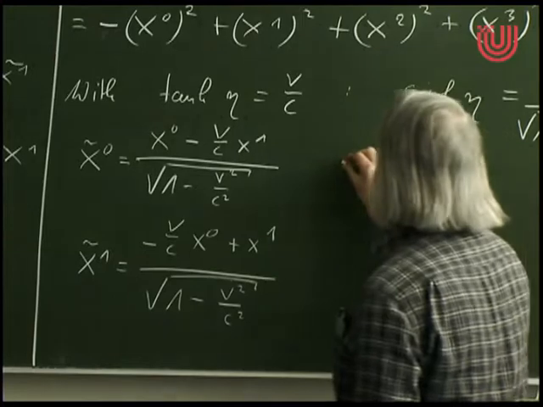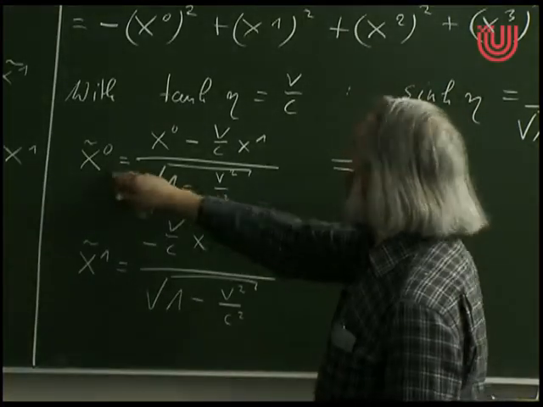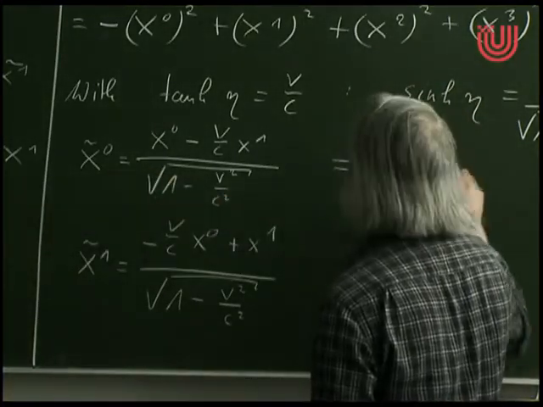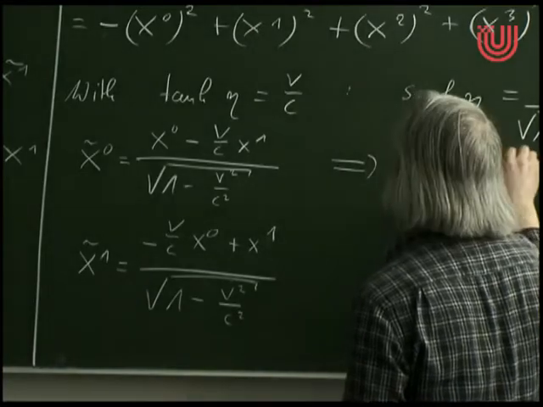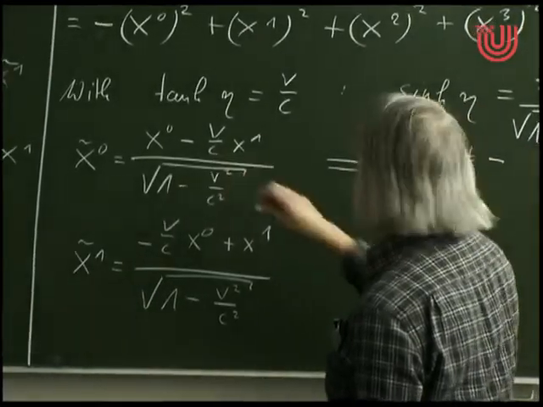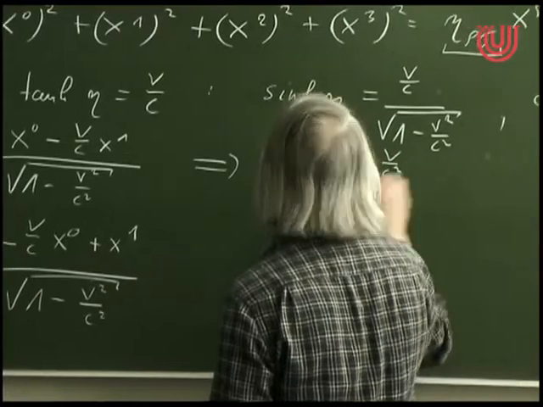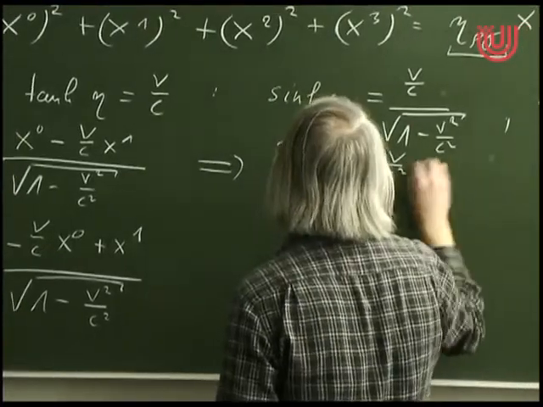Okay, now if we divide by c, then we get t tilde, it's t minus v over c squared x, because I divide by c. And for x1 I may just write x.